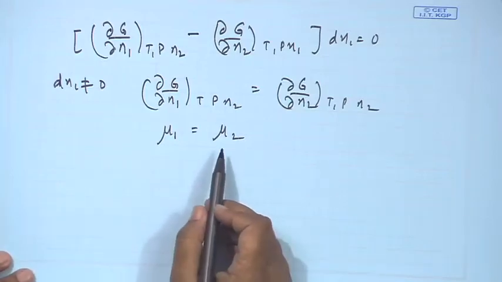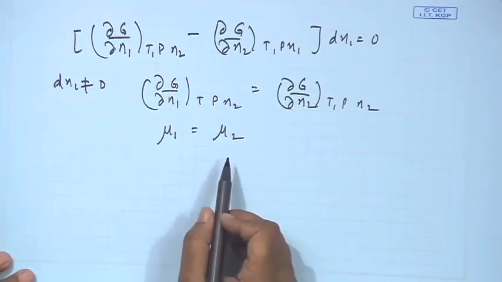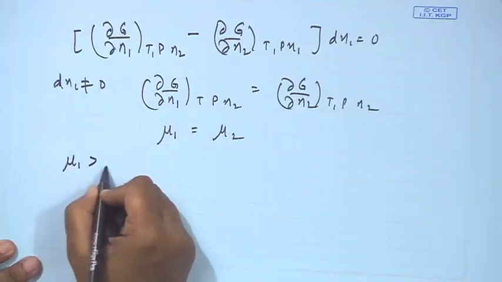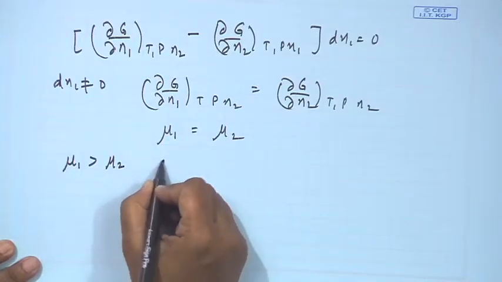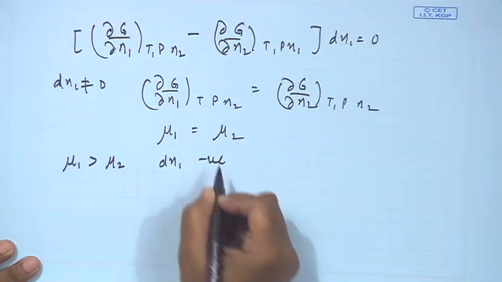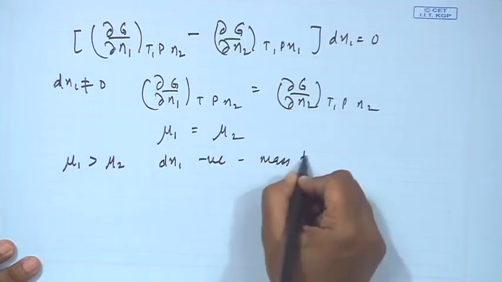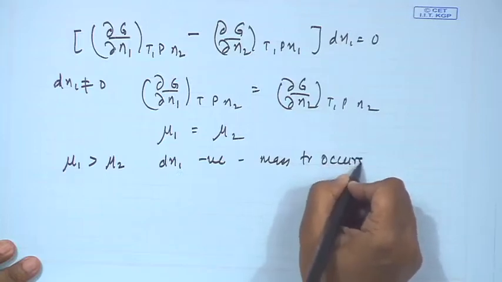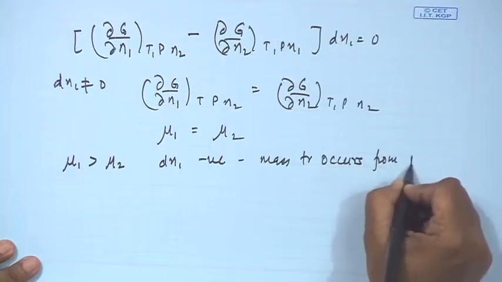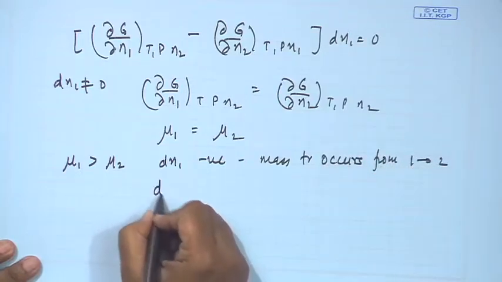The moment they become equal, we find that there is no further interaction between the two systems; they are in equilibrium. So to summarize, if mu 1 is greater than mu 2, we know that dN1 is negative and the mass transfer occurs from phase 1 to phase 2, and vice versa.